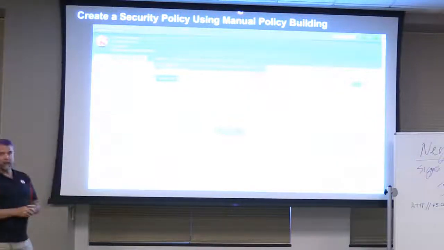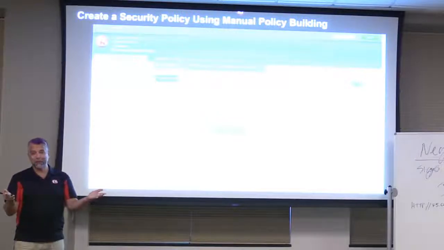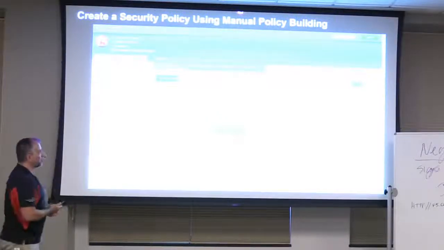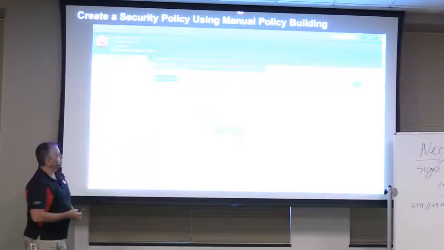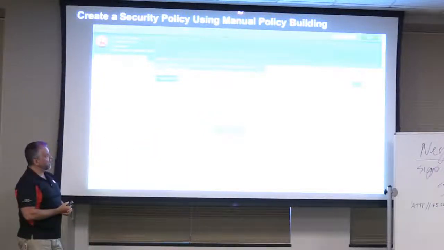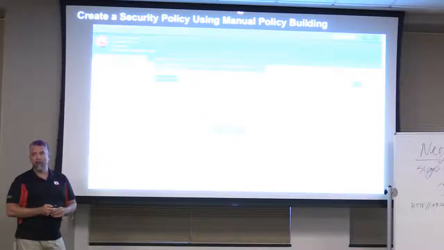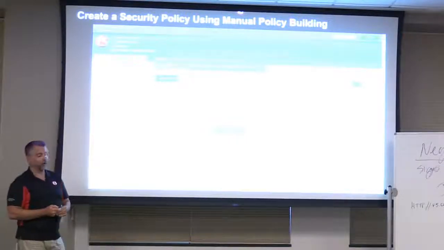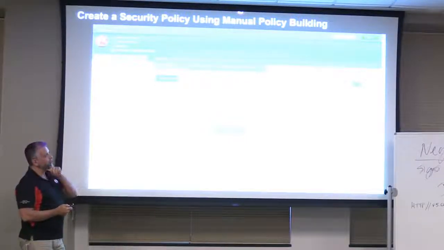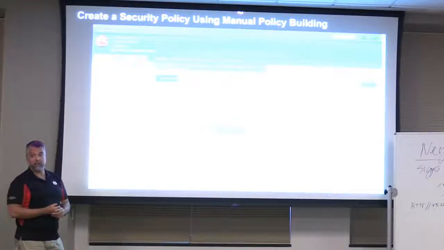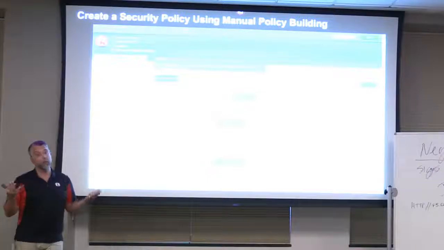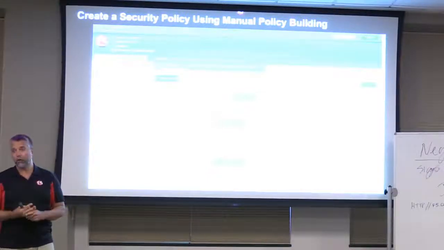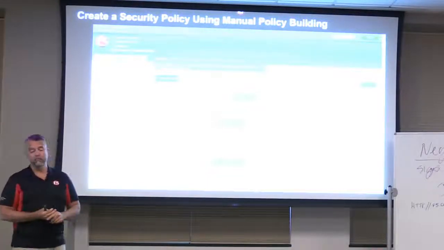So there's a couple of ways of creating a security policy in manual mode. You just did one in your last exercise, but we can also go one step farther. So I've got my same things: my policy name, rapid deployment, and my virtual server. But I'm now going to switch from my basic settings to my advanced settings. And I'll scroll down a little bit, where we have a lot more things we can set when I create my security policy.